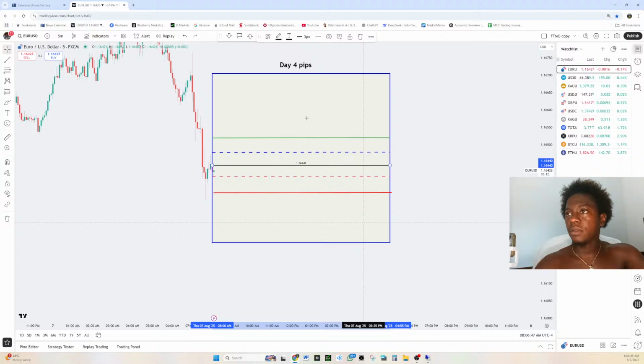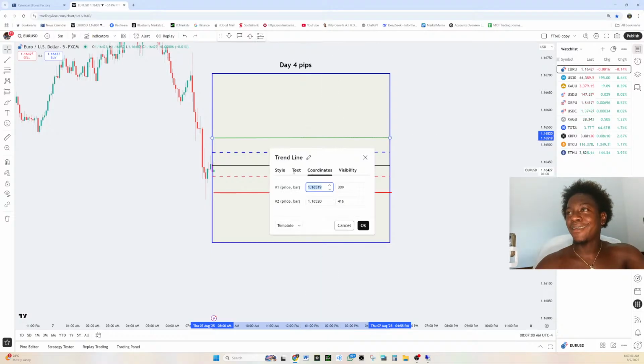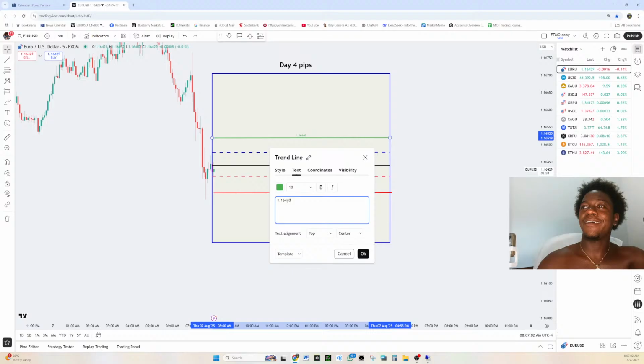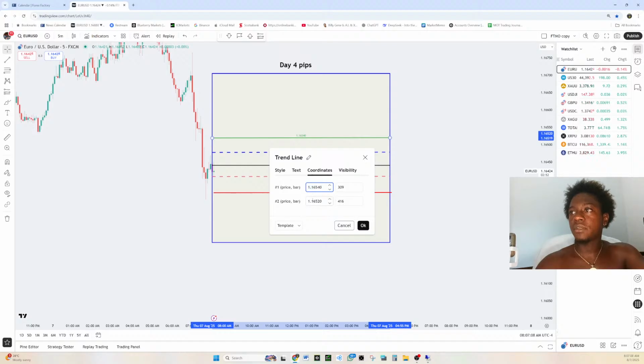Okay. Now we're even. And this one, if we're going to add 10 pips, is going to be 1.16540. I don't know why that took me so long. 540. That should have been easy work. Coordinates.